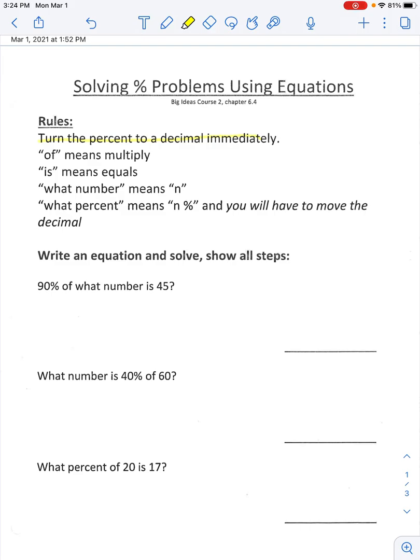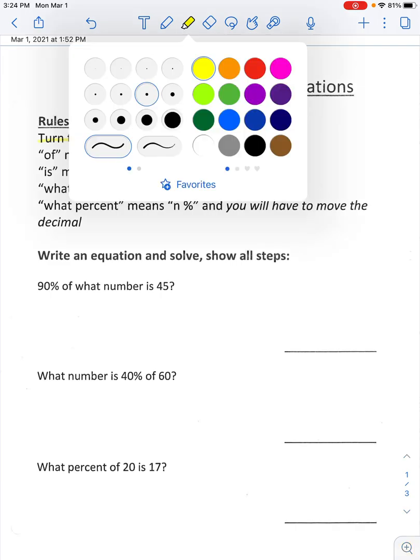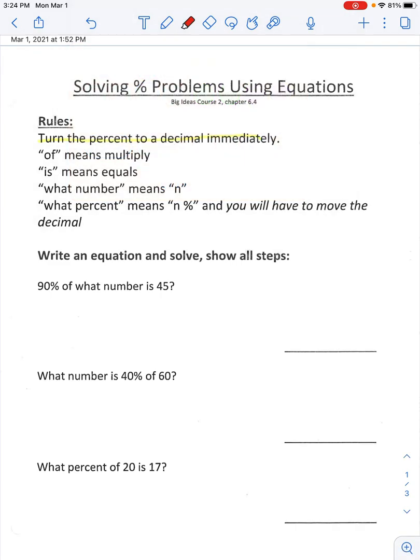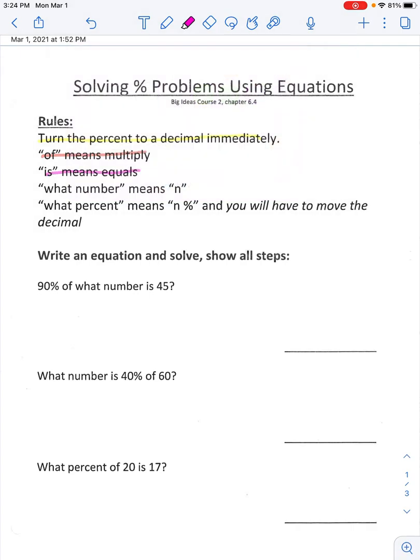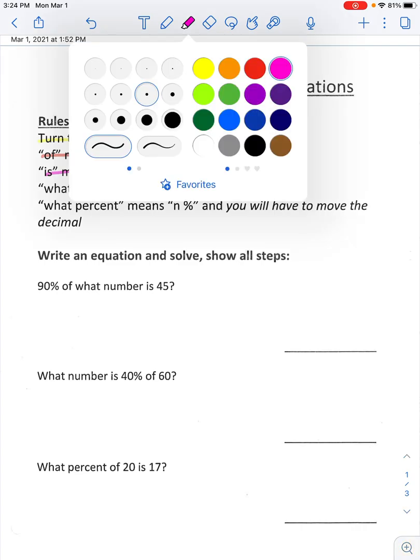When you see a percent, you're going to immediately turn that percent into a decimal. Remember, to change a percent into a decimal, we move the decimal twice to the left, okay? You should know this already, but of means multiply, is means equal.